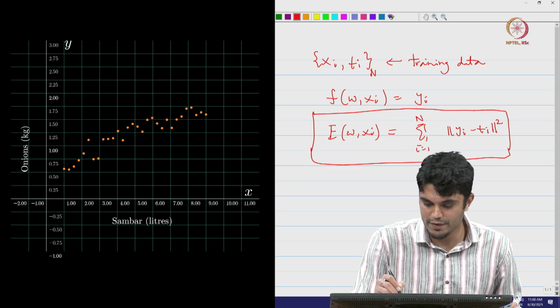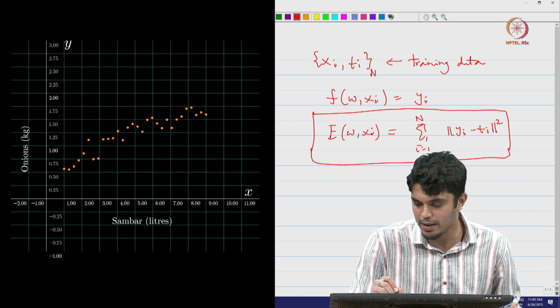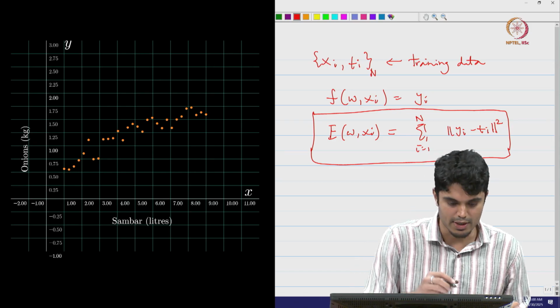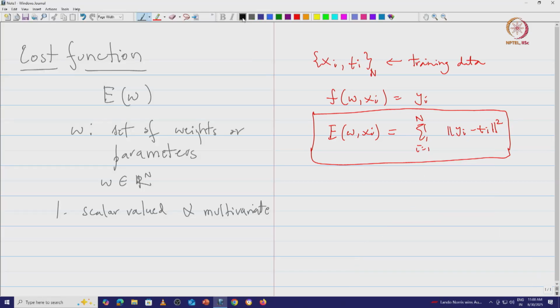So the cost function E is dependent on the parameters as well as the training data. That is our point number 2. When we are looking at the cost function, point number 2, it includes training data as well. This is important computationally, as we will see throughout the lectures on gradient descent.